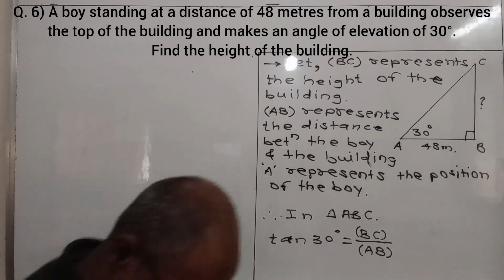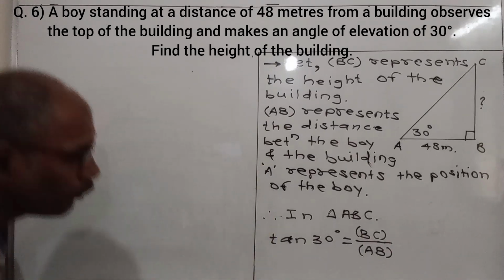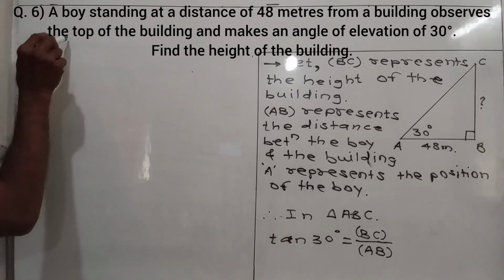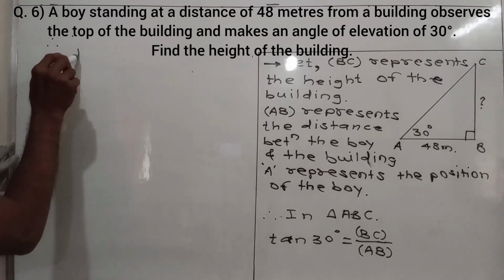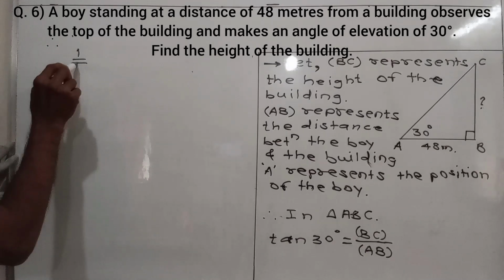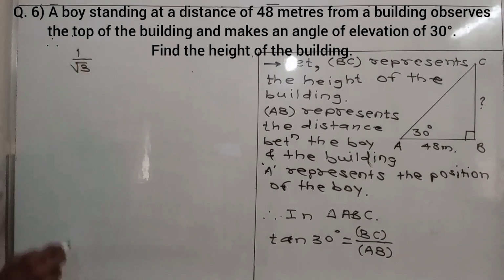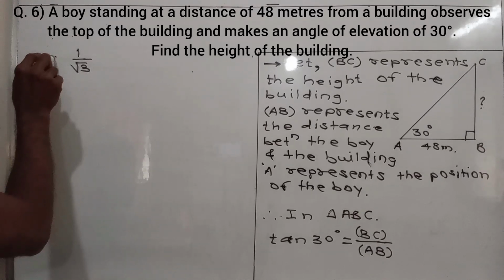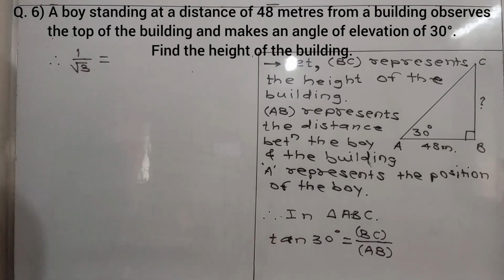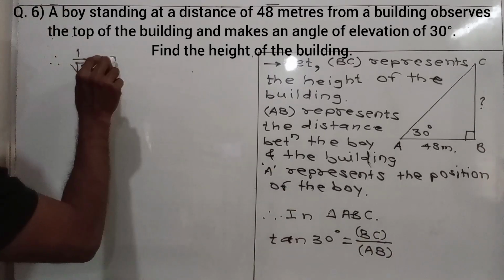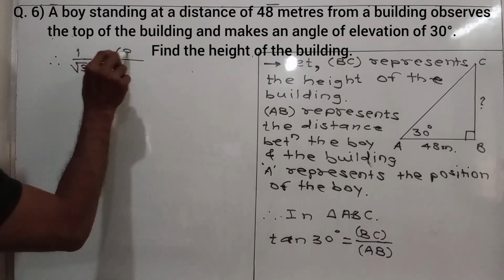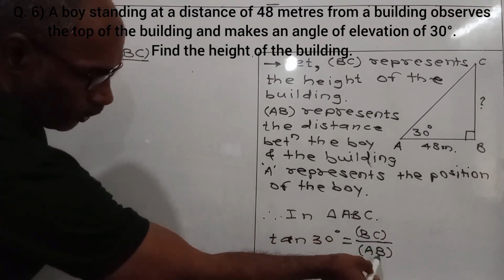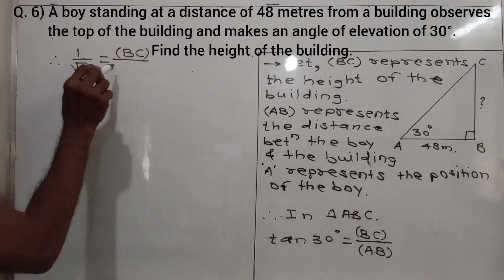Did you get it? Now we put in the values. The value of tan 30 is 1 upon root 3, which is equal to BC, which we don't know, upon AB.